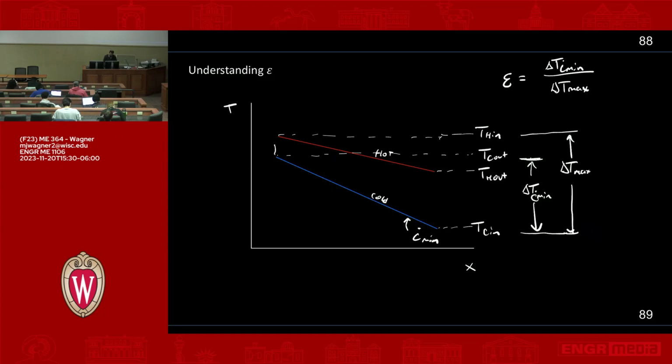Basically, this line would converge right up to that red point. So those two temperatures would become the same, and in that case you have an effectiveness of 1, right? And that's where that makes sense.